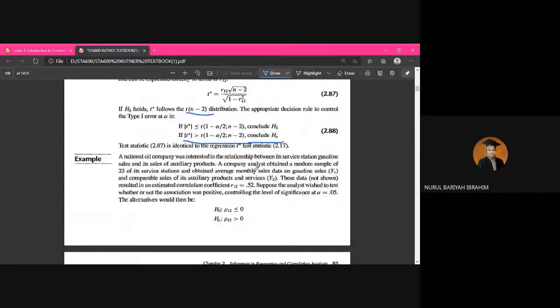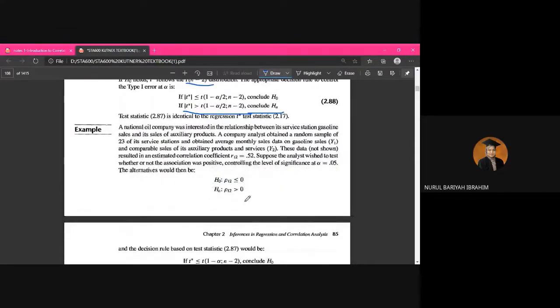Okay, this next one is an example of when we want to see whether the correlation is positive. We can check that too, except it will be a one-sided test. So here we read: a national oil company was interested in the relationship between its service station gasoline sales and its sales of auxiliary products.